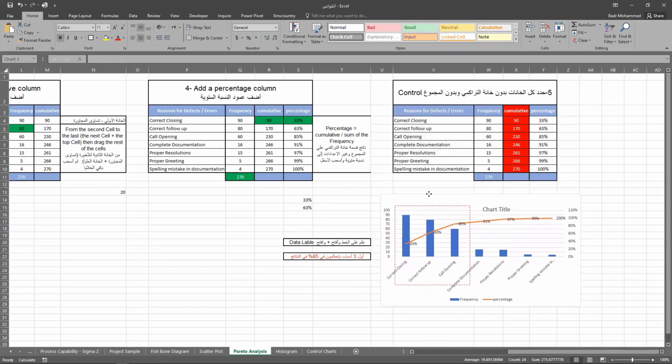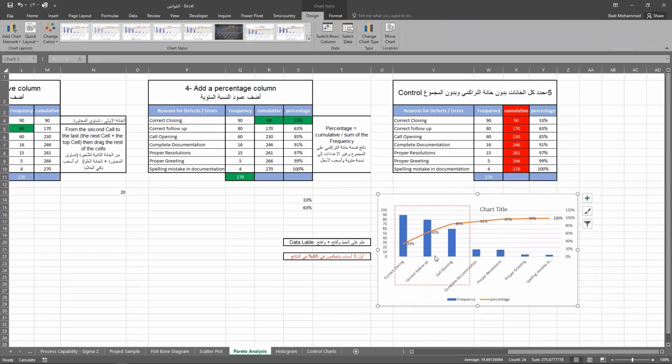So what does it tell us here? Here the Pareto will tell you the 20% of the issues that you have, which are 33%, 36%, and 85%, which is these 3.